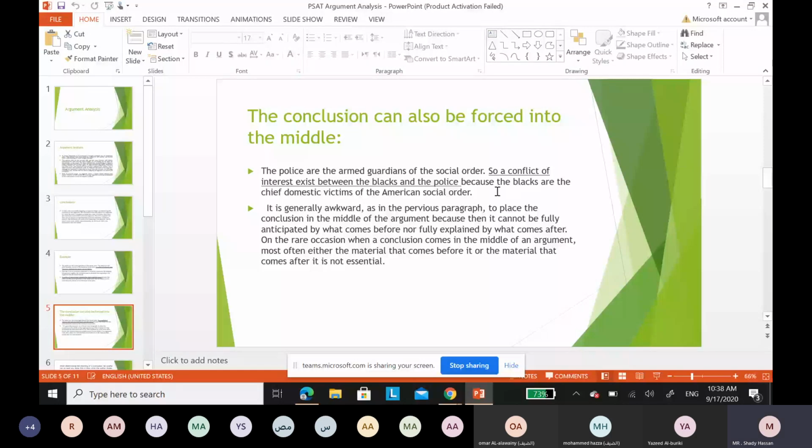Germane is the conclusion in the middle of the argument because it cannot be fully anticipated by what comes before, nor fully explained by what comes after. On the rare occasion when a conclusion comes in the middle of an argument, most often either the material that comes before it or the material that comes after it is not essential. You understand?